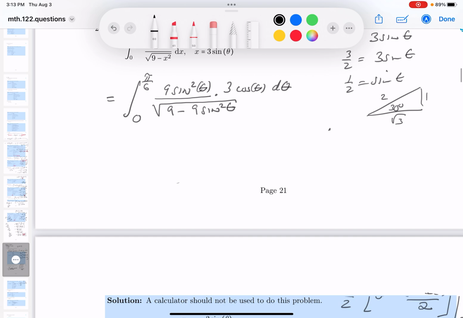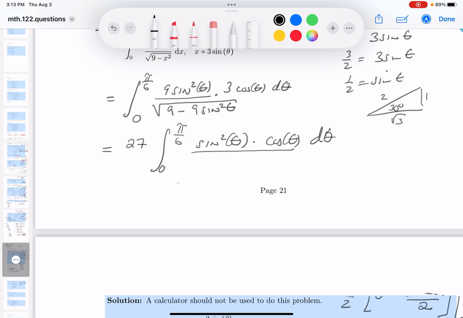Let me keep going. And what do I see? I see 9 times 3, which is 27, and then you get sine squared times cosine theta d theta.